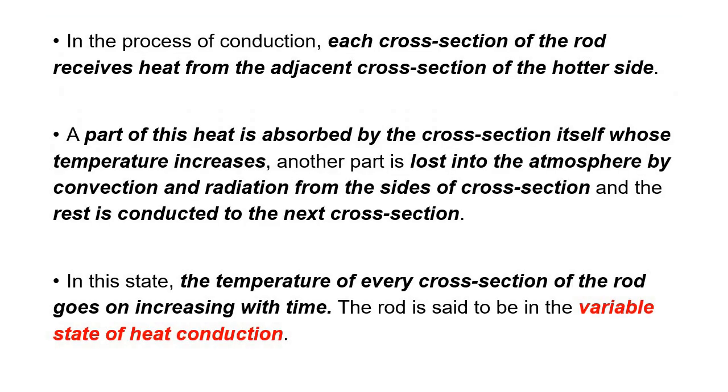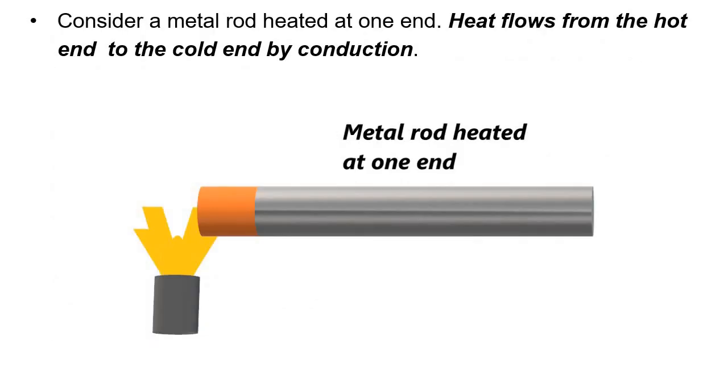So here, as we know, in the process of thermal conduction, each cross section of the rod receives heat from the adjacent section. Let us say we divide this entire rod into three parts. Okay, we take certain portion and we divide it into three parts.